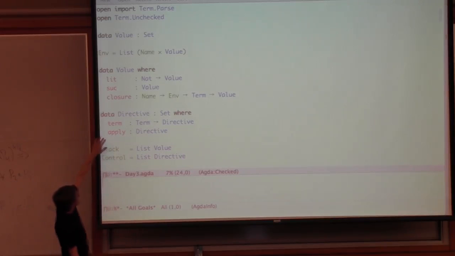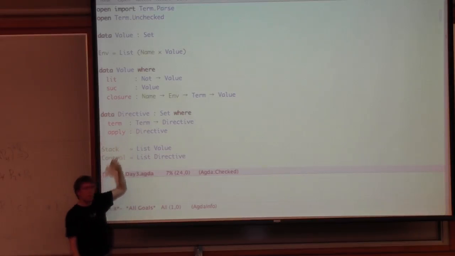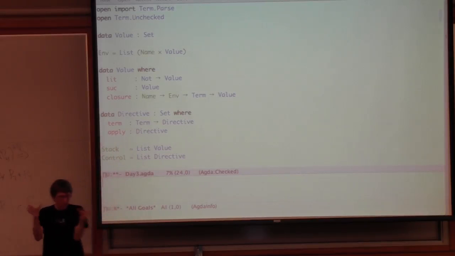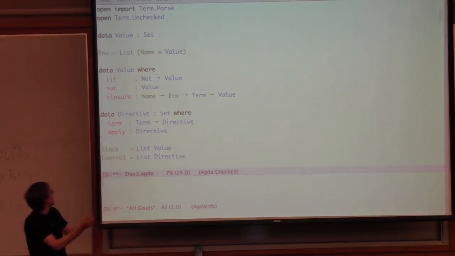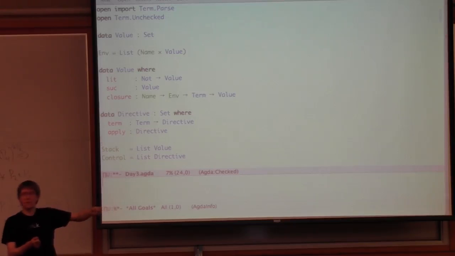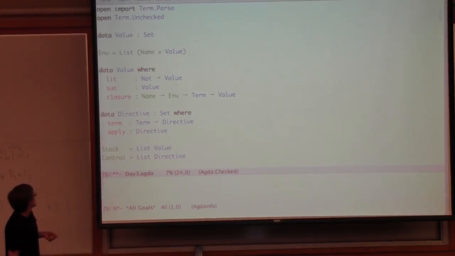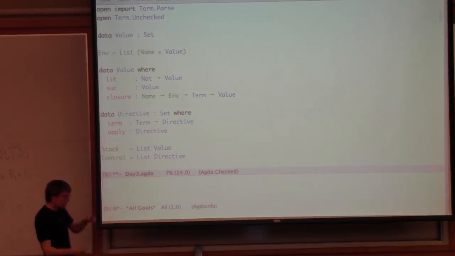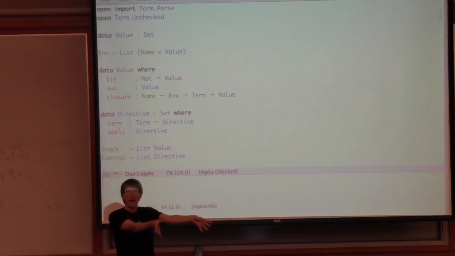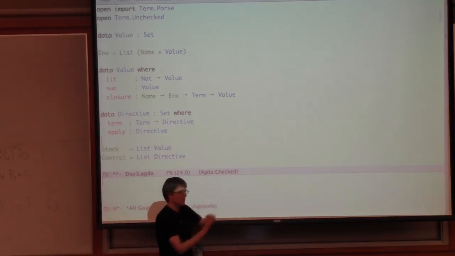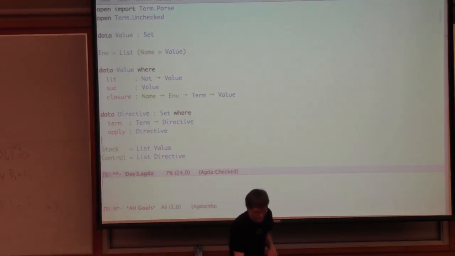When you have a term as the first thing in the control, then you want to run that term and put the value you get by running it on top of the stack. That's what you hope to do in the machine. And apply expects a function and a value on the stack, and then it's going to apply the function to the value and put the result onto the stack.